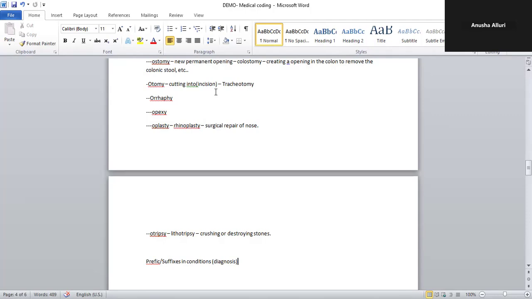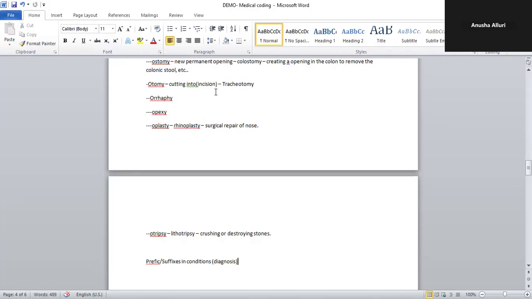Sagittal means a vertical body plane that divides the body into equal right and left parts at the midpoint. Transverse means a horizontal body plane that divides the body into top and bottom sections.